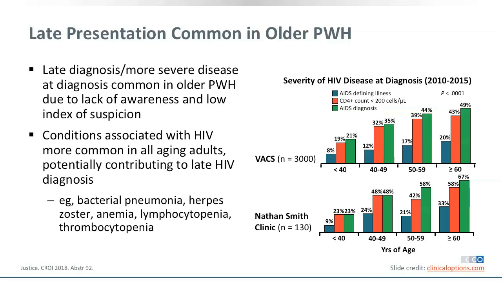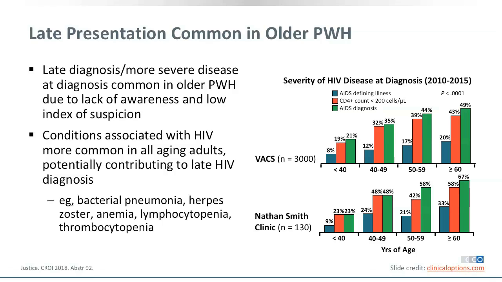of the patients. Late diagnosis or a more severe disease at diagnosis is so common in older people with HIV, basically due to the lack of awareness and a low index of suspicion among physicians. So physicians are usually not aware of the possibility of having an undiagnosed HIV infection when patients go to the healthcare.